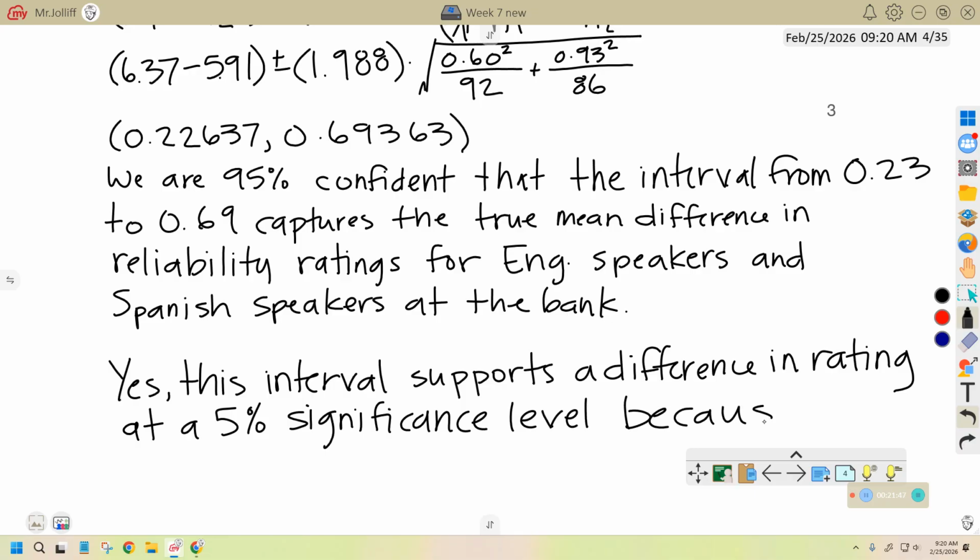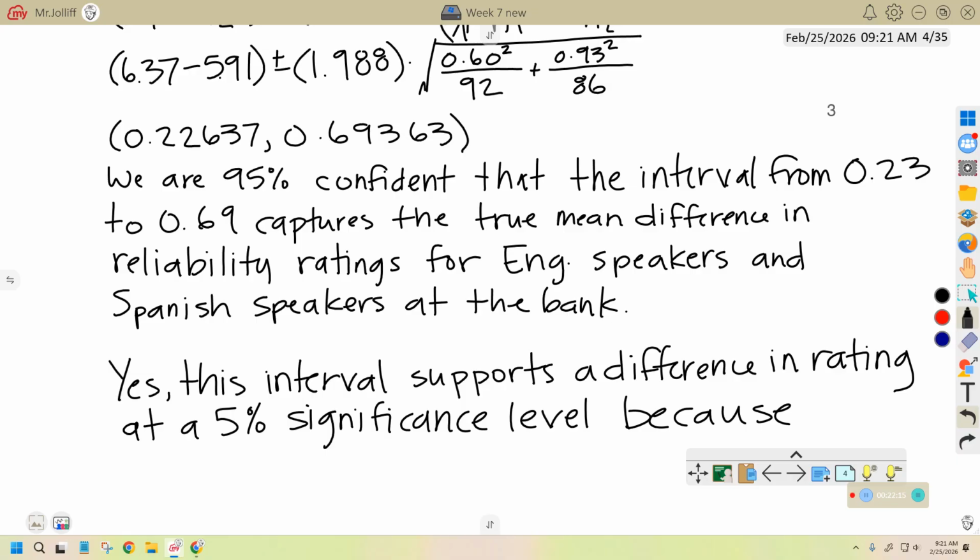Because, and I have to tell them how I know. Remember that our confidence interval is a range of plausible values for that difference in means. And we were doing average rating for English speakers minus average rating for Spanish speakers.